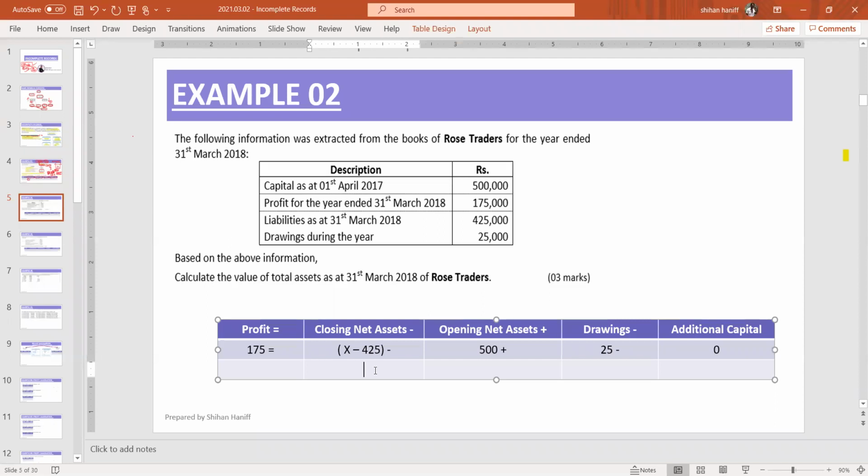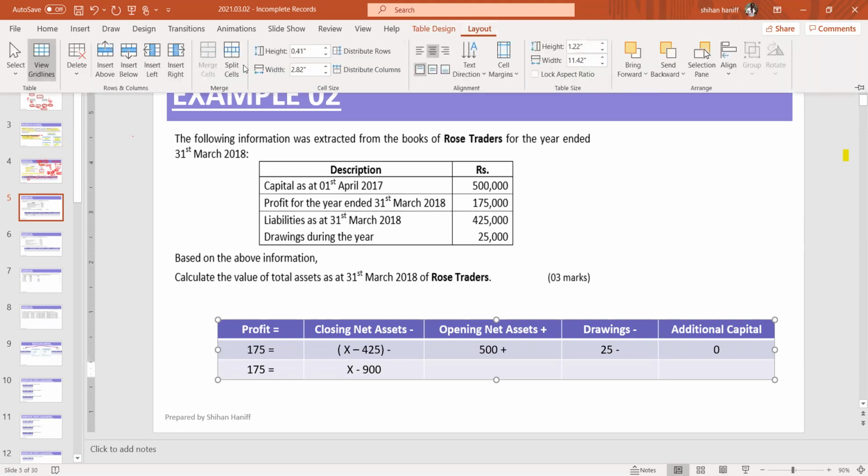So how do you solve this for X? Here we have X. So if you add all this, means minus 425 minus 500 plus 25 is minus 900. Minus 900. So this side we have 175 equals.